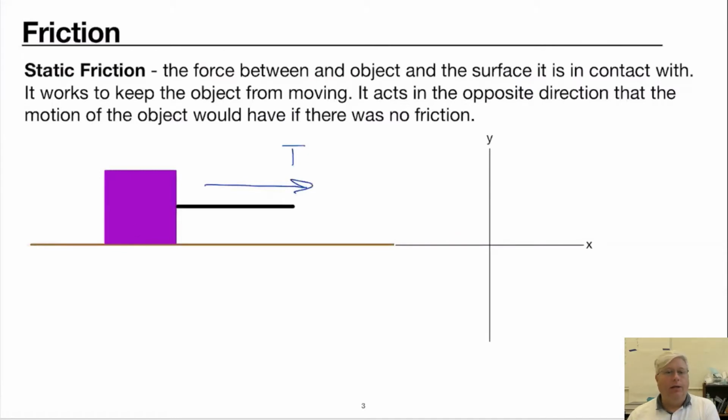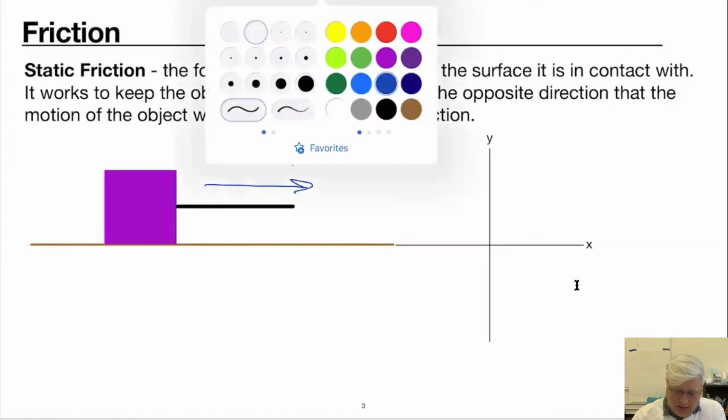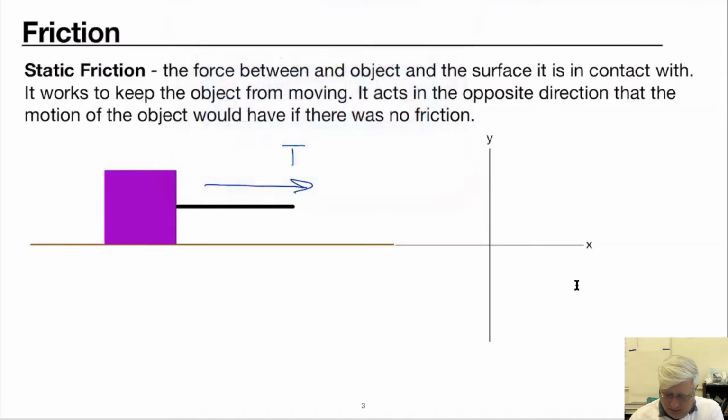So we can make a free body diagram to see how the force of tension and static friction balance out. We could represent the box as a box, or a particle is fine too.